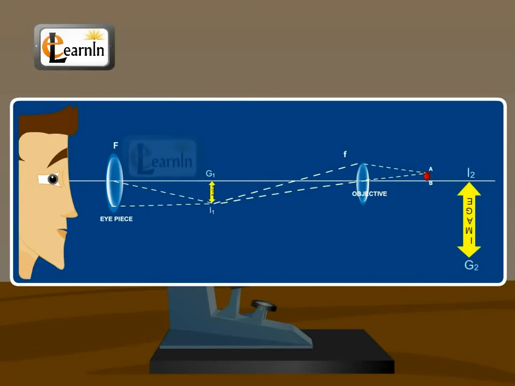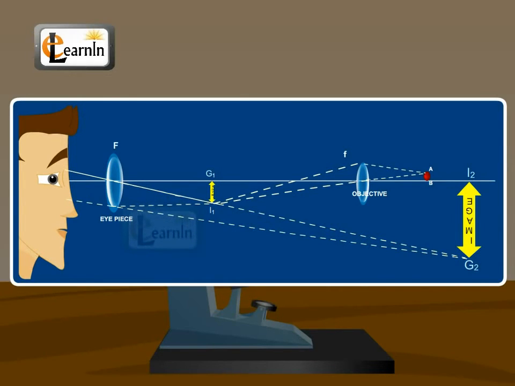The second and the final image, I2G2, is greatly magnified, virtual and inverted.